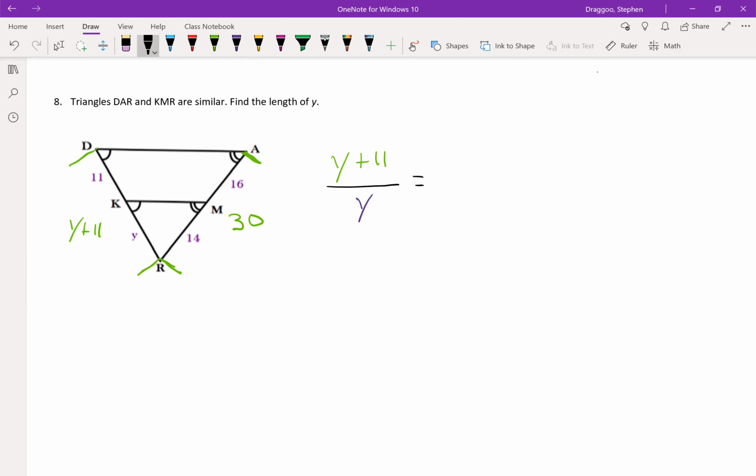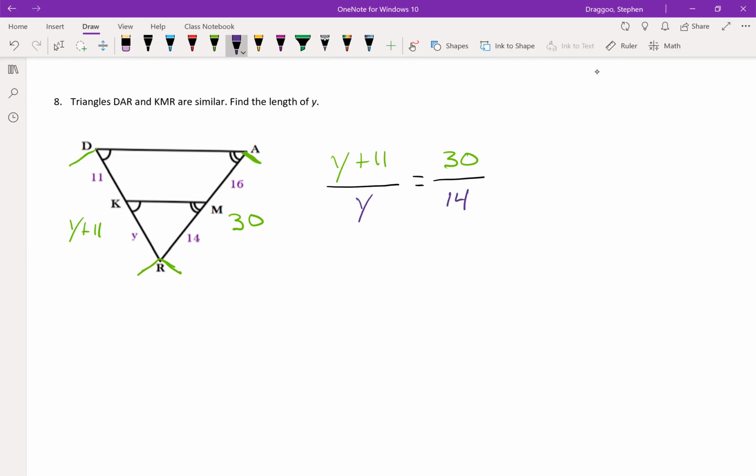And that should be equal to 30 divided by 14. So this time, rather than using the colors to note specific similar sides, we're using purple to talk about the smaller triangle, while green is talking about the larger triangle.